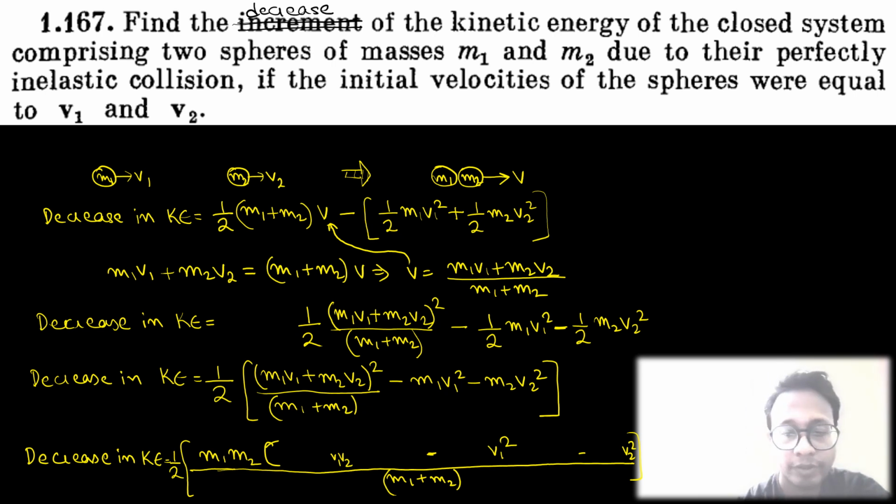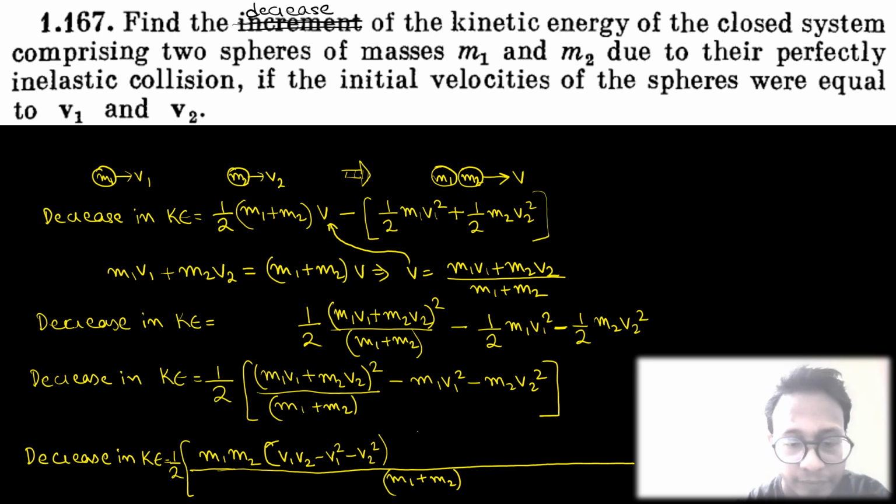So let me write this all close together: v1 v2 minus v1 square minus v2 square. So these are the terms. Now everything is sorted out.